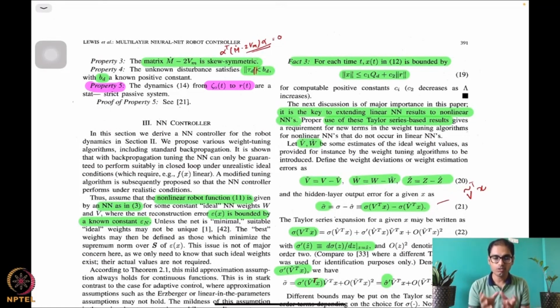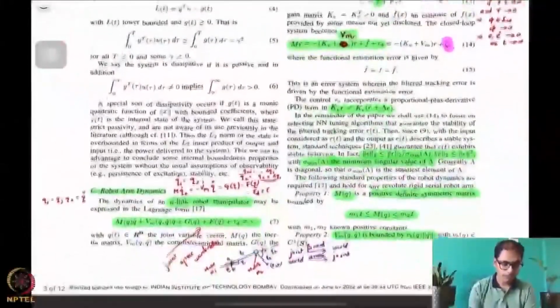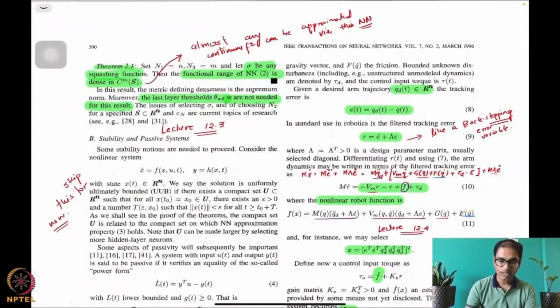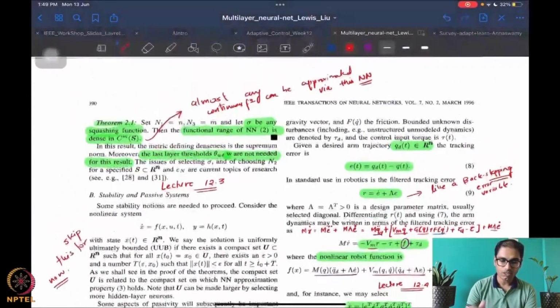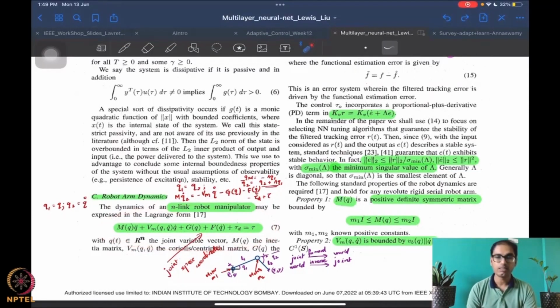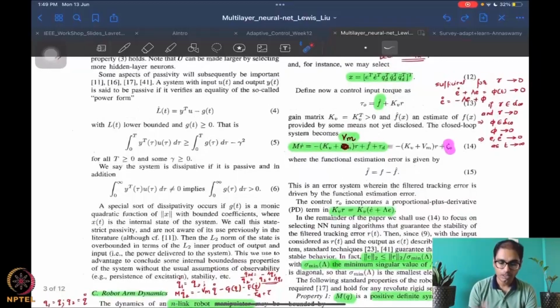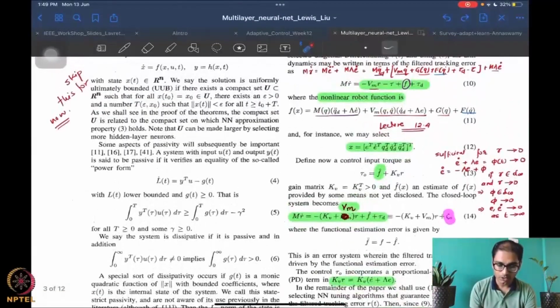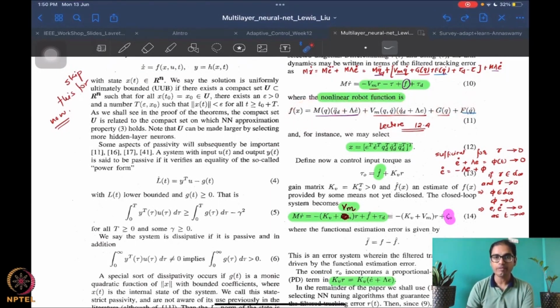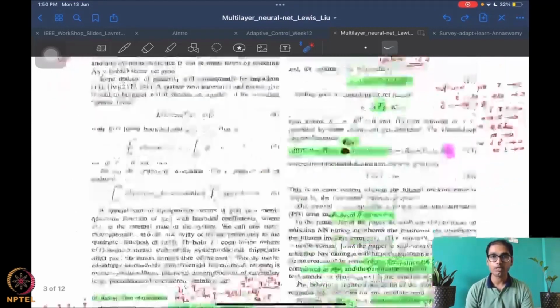Once you have a control module, you can plug it into any multi-link robot which has this kind of Euler-Lagrange system structure like you see here in equation 7, and you can start controlling it because your neural network using this adaptive law will automatically learn all these nonlinear robot functions, right? So this is the cool aspect, that it is agnostic to what kind of MVGF you have. The neural network function approximator is going to learn it.